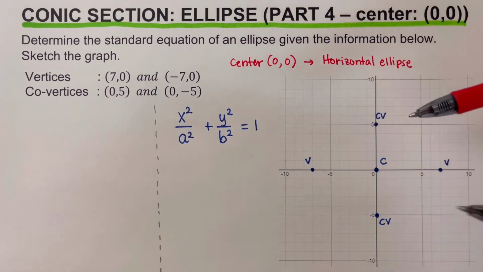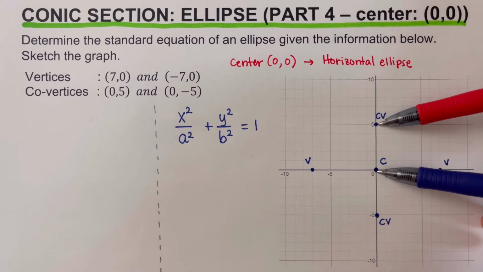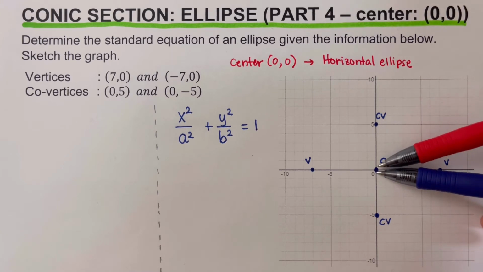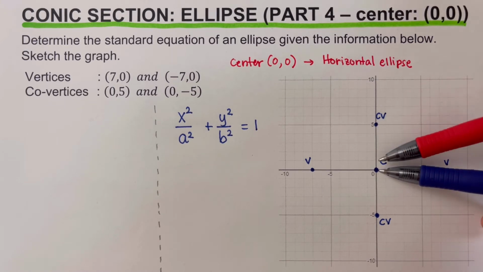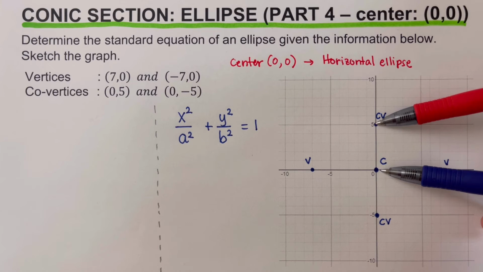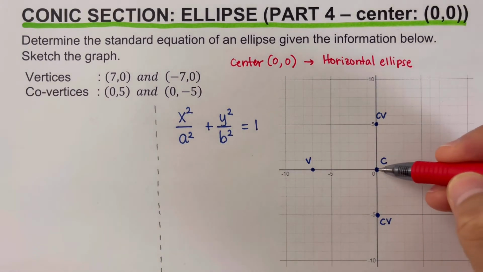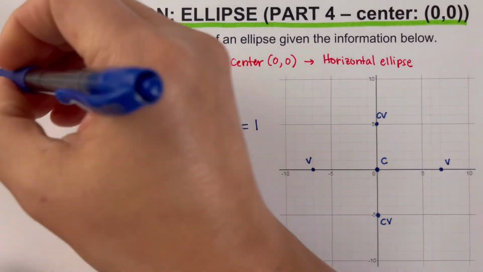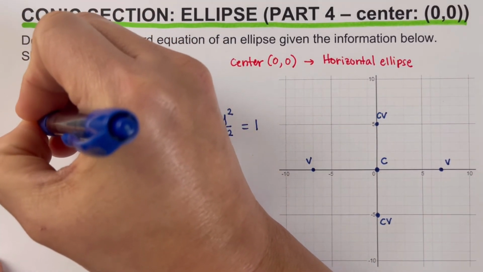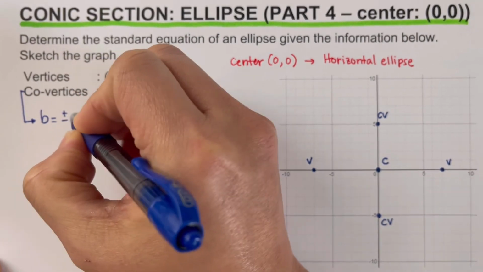The distance from the center to the co-vertex is our B. We can use the distance formula for this, but we can just count it. 1, 2, 3, 4, 5. So our co-vertex, or the B value, is 5, and that is the distance from the center to the co-vertex. So I'm going to write that value down here. So B is plus minus 5.